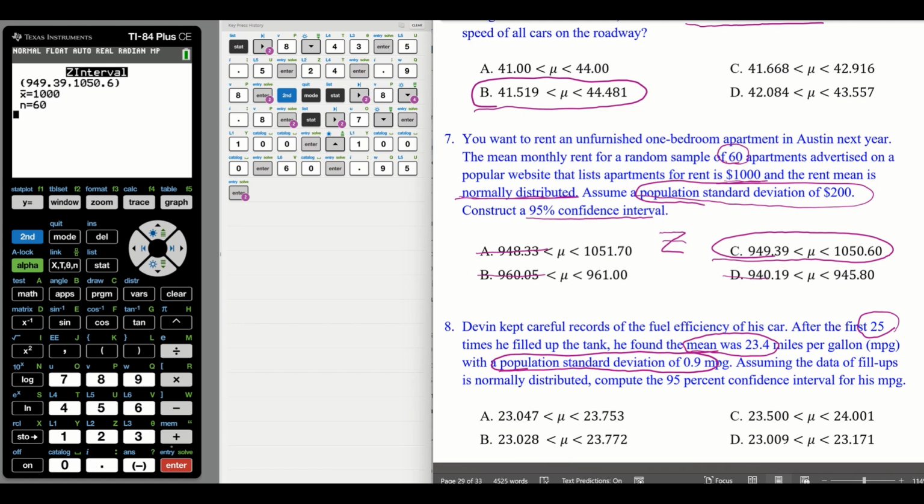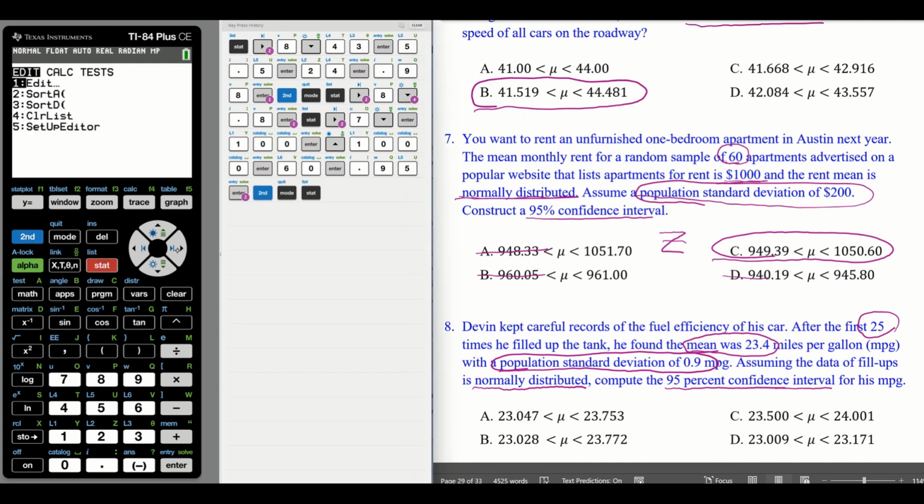Assuming the data of fill-ups is normally distributed, compute the 95% confidence interval for his miles per gallon. Okay, those questions are such a mouthful, so long. So we have to decide what we're going to do. Are we going to use a T or a Z?